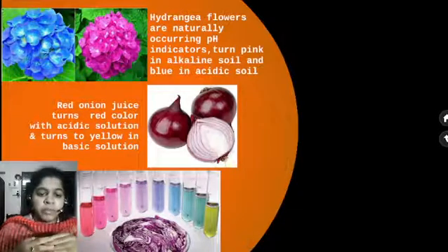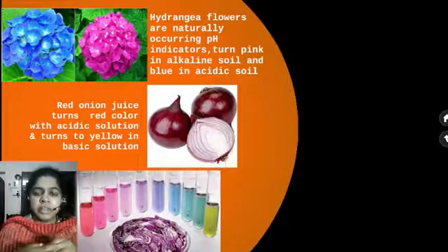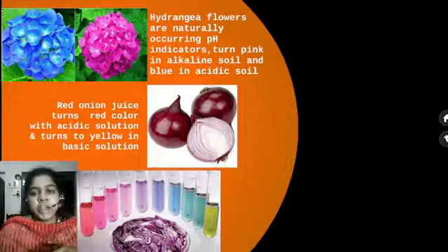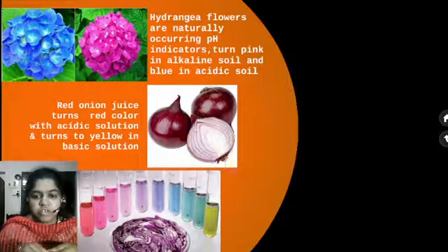Right? Another very good example of a natural indicator is red cabbage. Here you can see the variety and range of colors it gives when reacting with a wide range of pH.